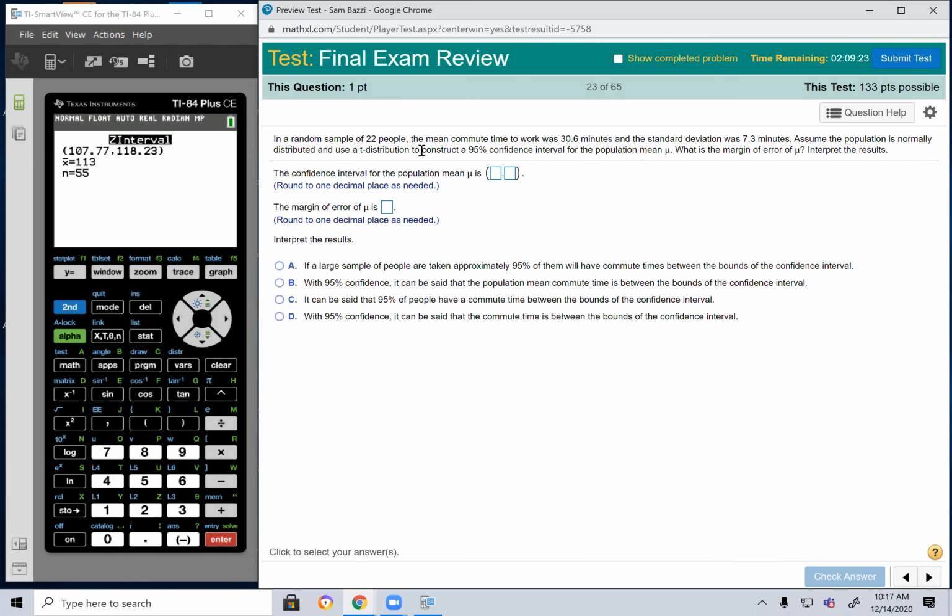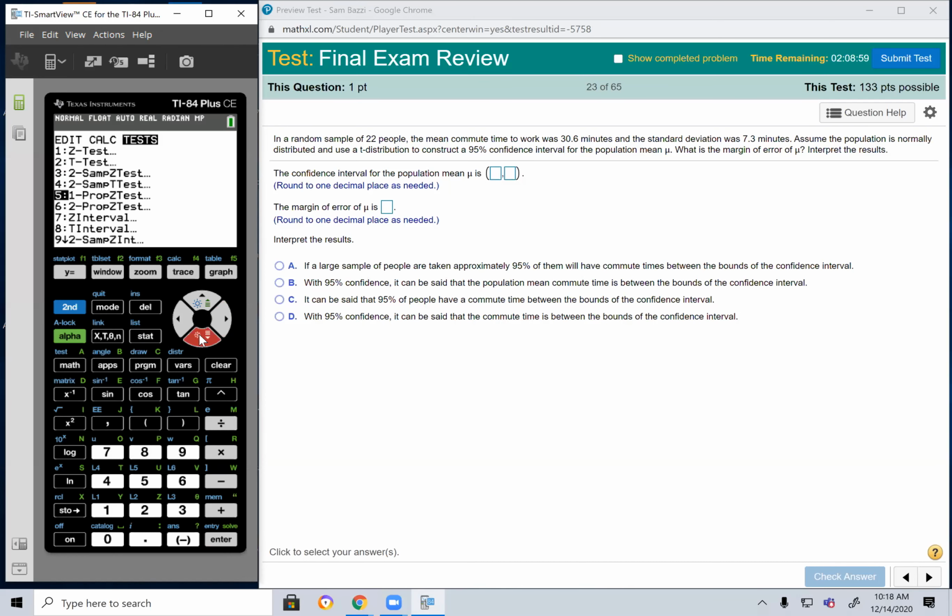In a random sample of 22 people, the mean commute time to work was 30.6 minutes, and the standard deviation was 7.3. He didn't say population standard deviation, so this is s, guys. Assume that the population is normally distributed and use T distribution. You see, now he's telling you what to do. Use T distribution to construct a 95% confidence interval.